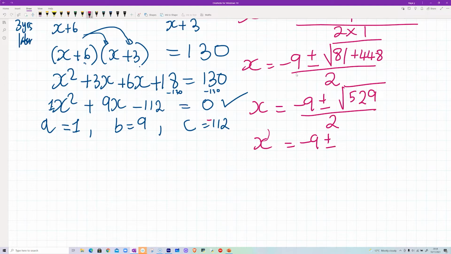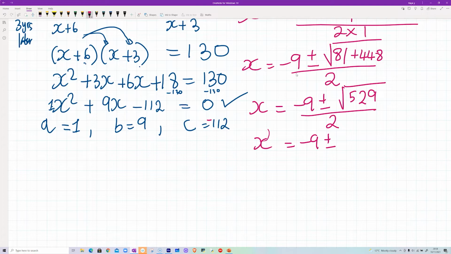You can start with the square root of 400 because that is going to be 20. 20 times 20 is 400. So it's got to be something near there, right? So if you work it out or if you check your tables, you will find out the square root of 529 is 23.